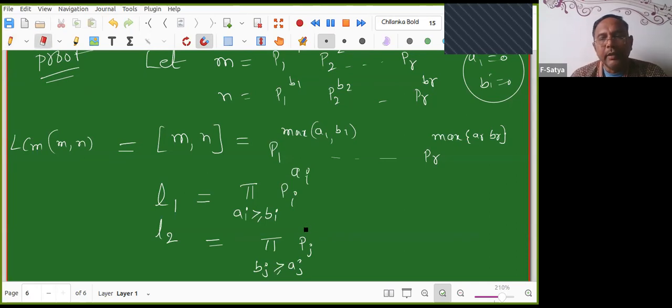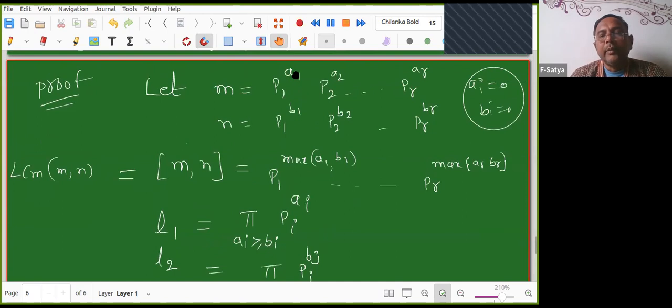For example, A1, A2, AR are all greater than or equal to B1, B2, BR.